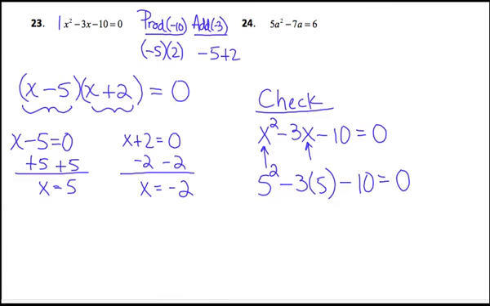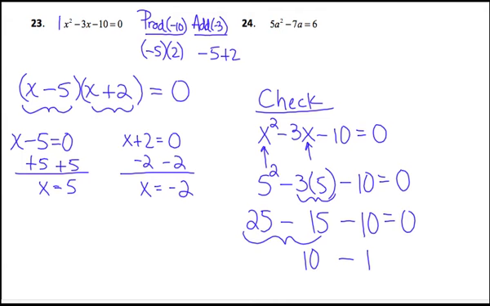And order of operations expects that I do the work with the exponents first, so 5 squared is 25. Since I'm working left to right now anyway, I'm going to go ahead and multiply the 3 times the 5 and get 15. And then I'm going to work left to right, and 25 minus 15 is 10, and 10 minus this 10 is 0, and I can say, yeah, I got that problem correct.